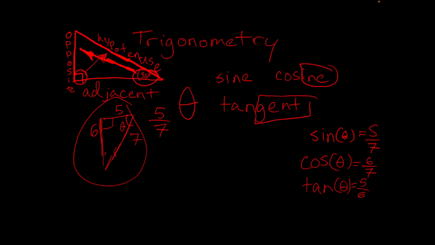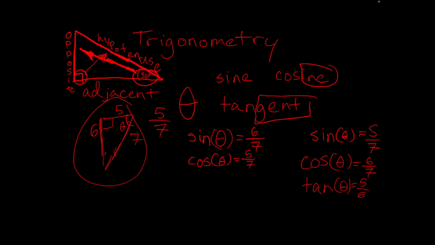Now what if theta is the other angle that isn't a right angle? What if it's this angle right here? Well, in that case, the sine of theta would equal 6/7. And the cosine of theta in this case would equal 5/7.